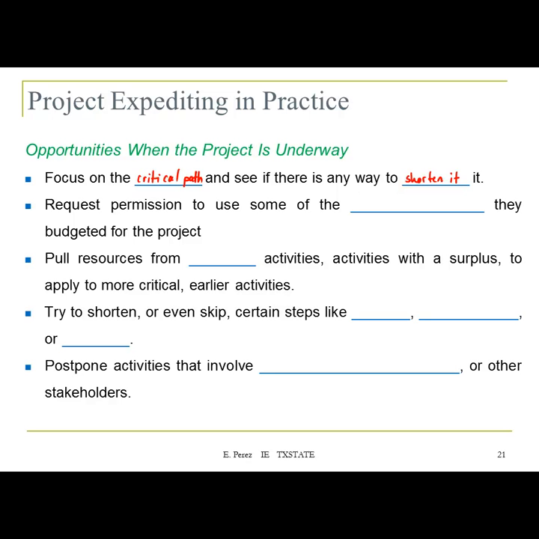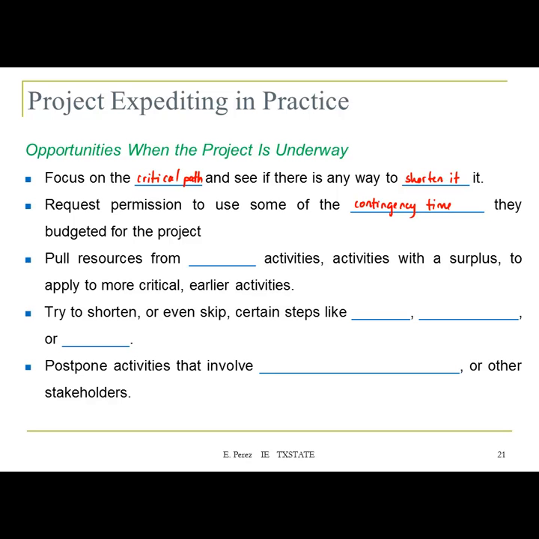And one of the strategies that you can use is to see if you can crash some of the activities. Request permission to use some of the contingency time. So if you have budgeted some extra time to complete the project, then you can request permission to use that time.